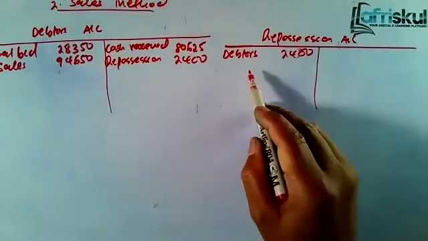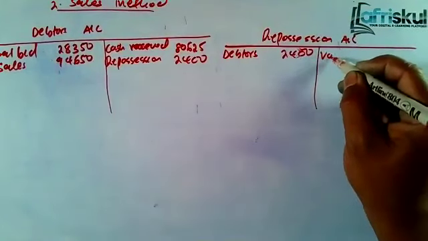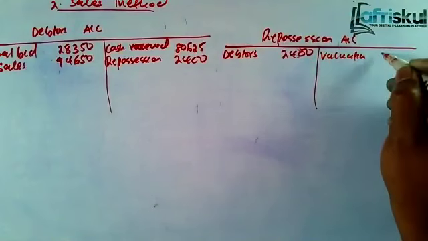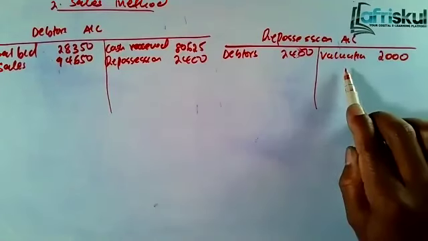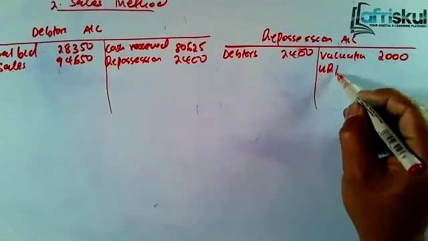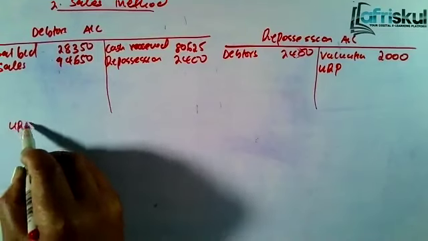Tulisema you take the debtors, then you take them back to the stock at a valuation, and they were taken back at a valuation of 2 million. Then kuna kitu kingine tulisema tunaweka hapa, the unrealized profit. How do we get the unrealized profit? We say that for unrealized profit, we compute for both debtors and repossession. And this is how we get the unrealized profit.